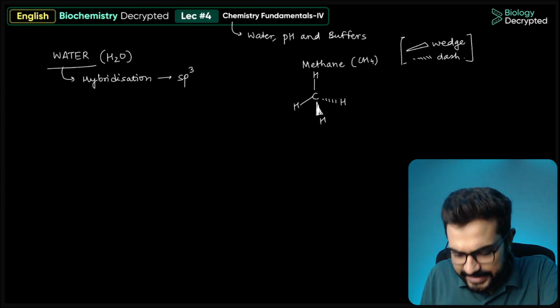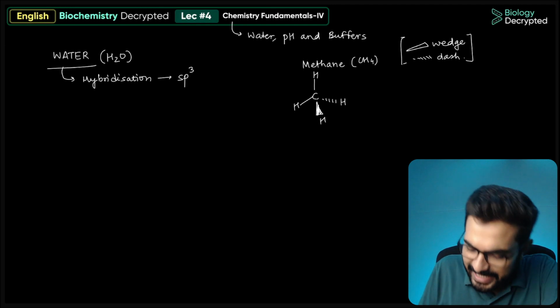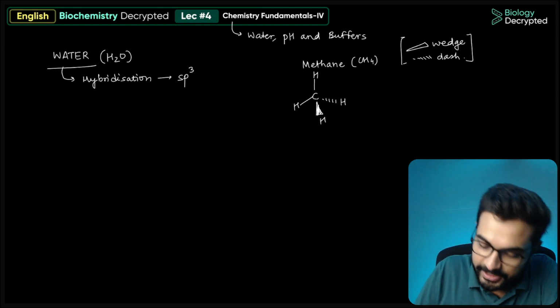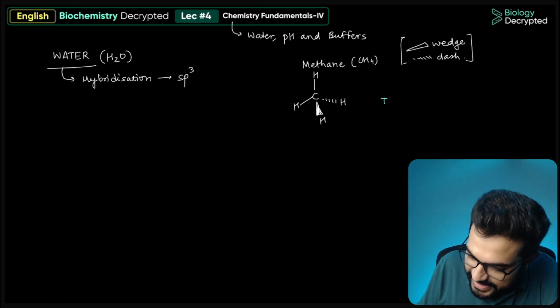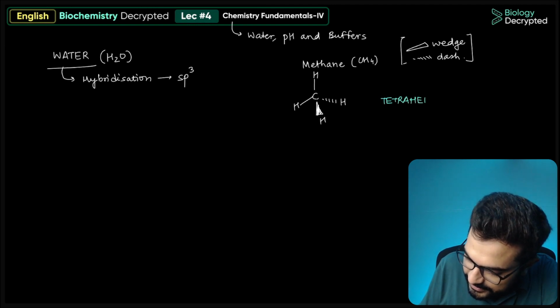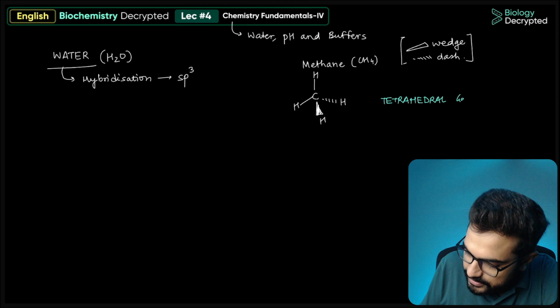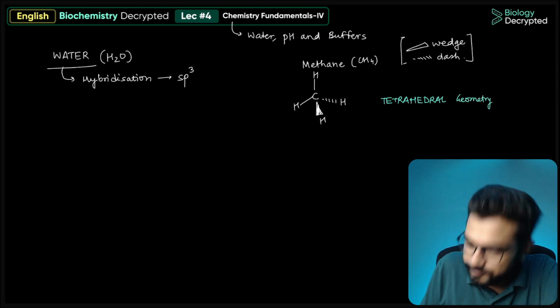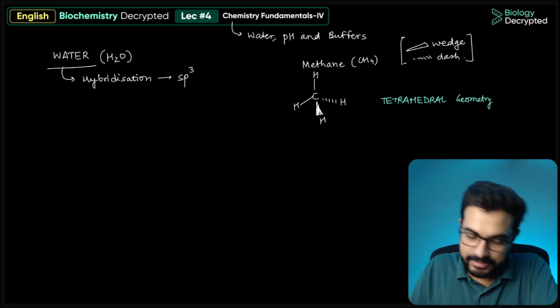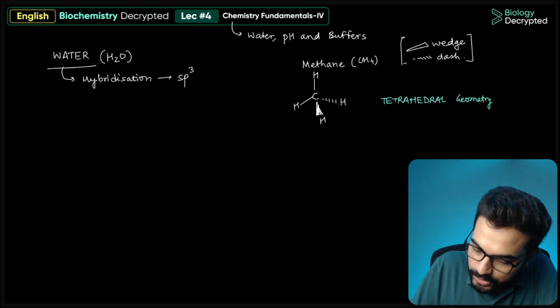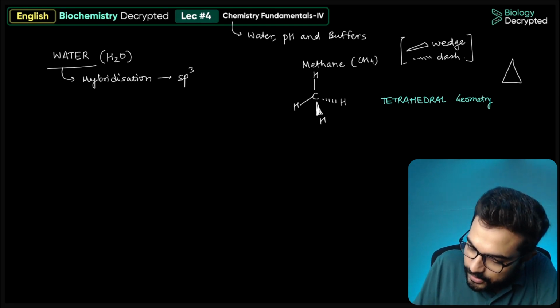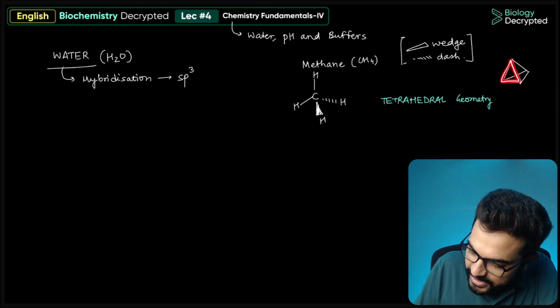Now, this molecule of methane has a tetrahedral geometry. And as you can see here, this is how a tetrahedron looks. A tetrahedron has 4 triangular faces. This is one triangular face, this is another one, this is another one, and this is the 4th one.